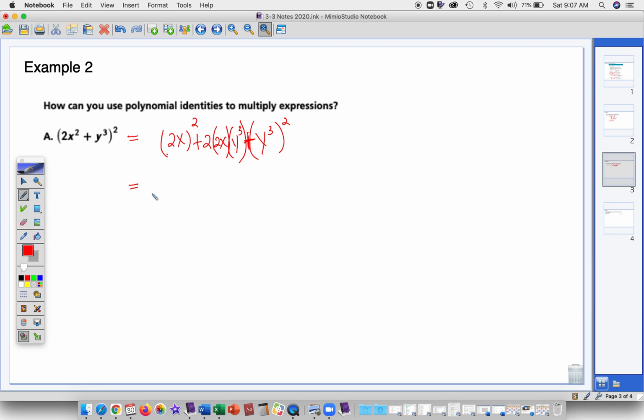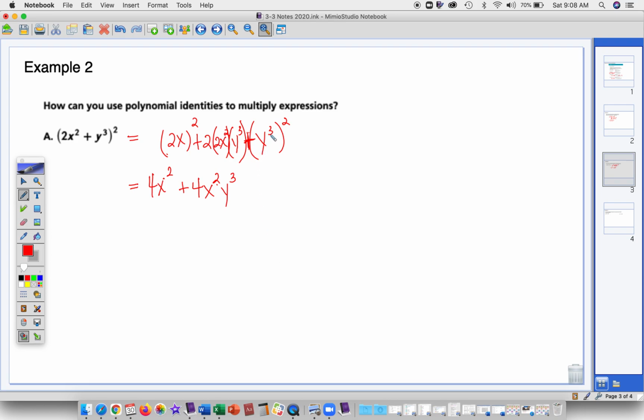So when I square 2x, I get 4x squared. 2 times 2 in the middle gives me a 4xy cubed. Oh, and that should be, sorry, that should be a square. So it's 4x squared y cubed.